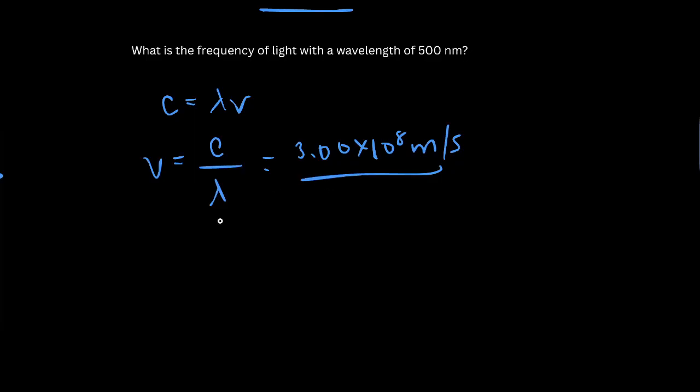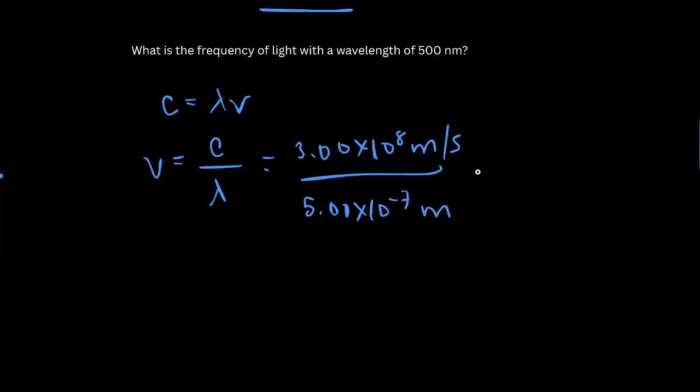And well, if you remember, we talked about the fact that we have to go from nanometers to meters if we want to use our wavelength. Our wavelength has to be in units of meters. And so we can do that, like we said, by simply taking the value in nanometers and multiplying by 10 to the negative 9. This gives you an answer in units of meters, which if we want to keep in scientific notation, we can also write as 5 times 10 to the negative 7 meters.